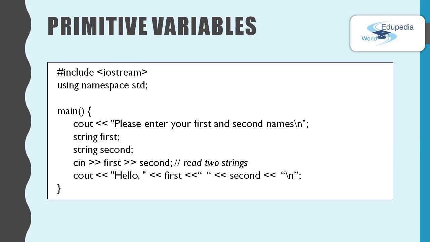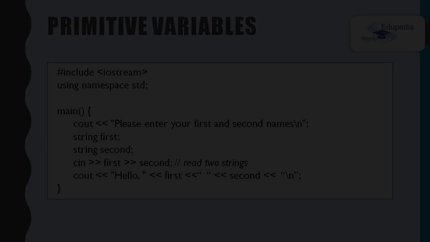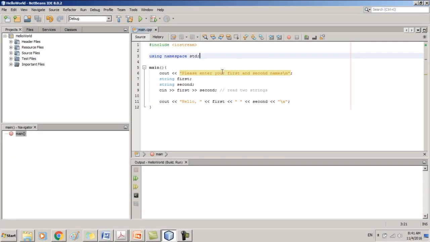Let's try to implement this in the NetBeans environment. Now here is our program. We have two string variables, first and second. In the cin statement, we capture two strings and assign them into the first variable as well as the second variable.